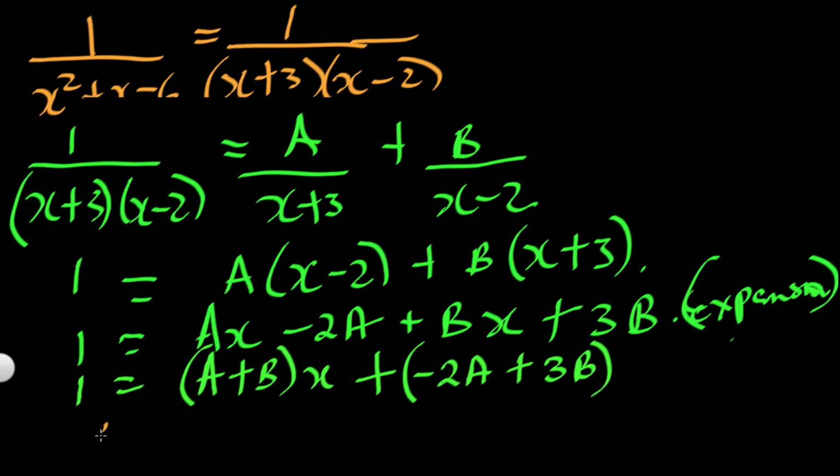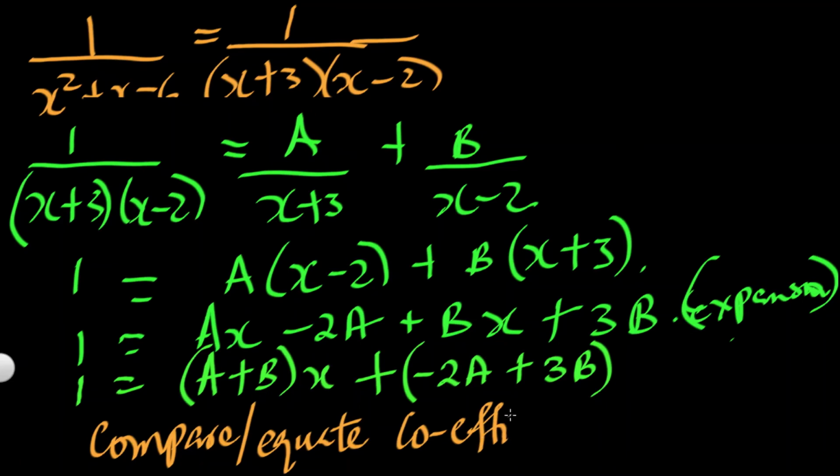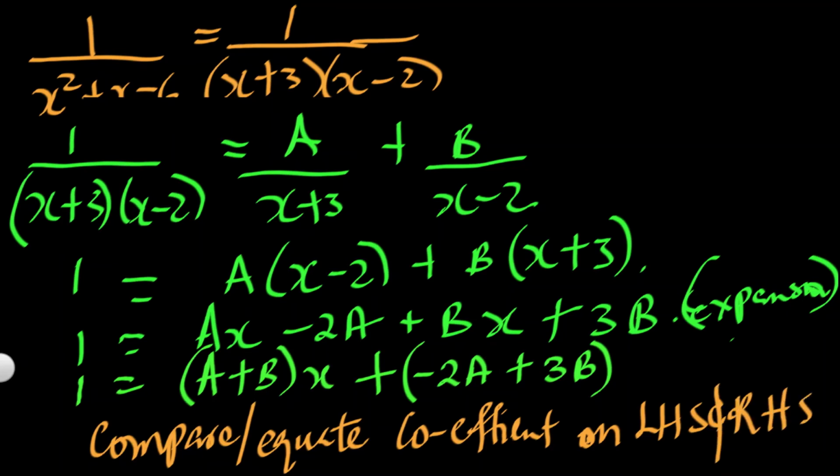Actually, the good word is equate coefficients, the coefficients on LHS and RHS. If there's an equal sign here, it means the coefficient of x to the left should be equal to the coefficient of x to the right, and the constants to the left should be equal to the constants to the right. This should work.